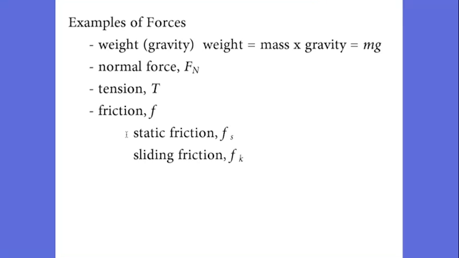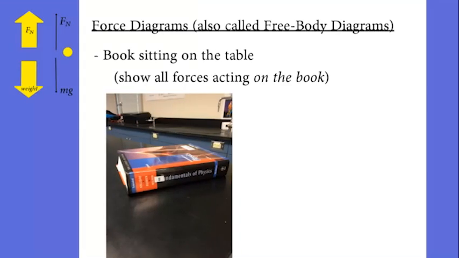And we'll see that there's two kinds of friction. Friction when the object is not sliding, and friction when the object is sliding. And these little subscripts here, S stands for static, meaning not moving or not sliding, and K stands for kinetic, which is moving.